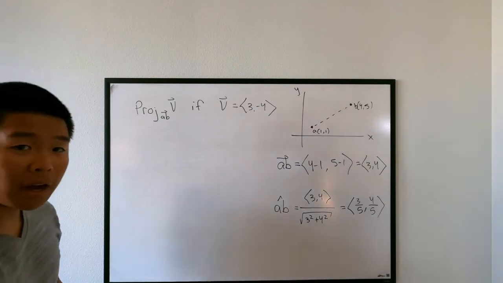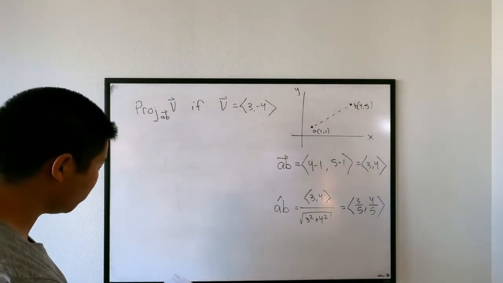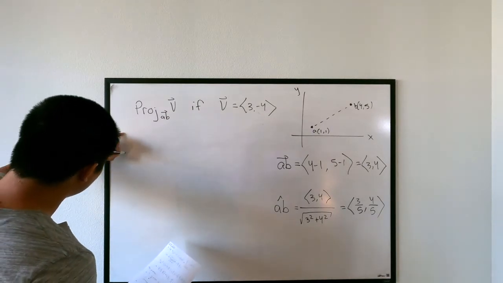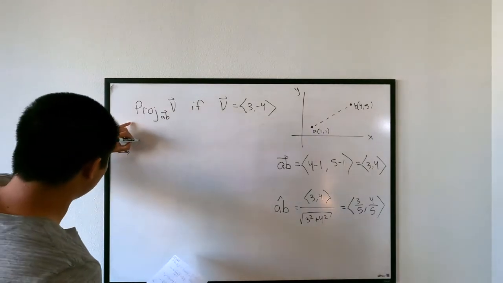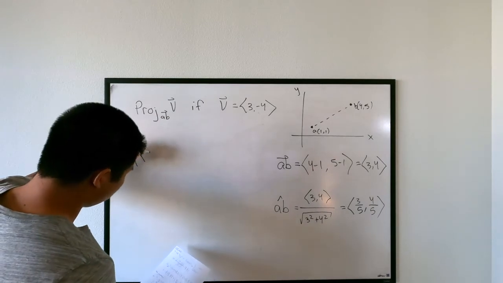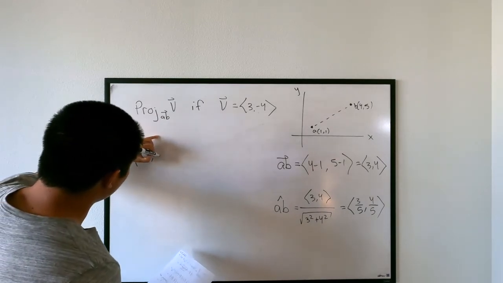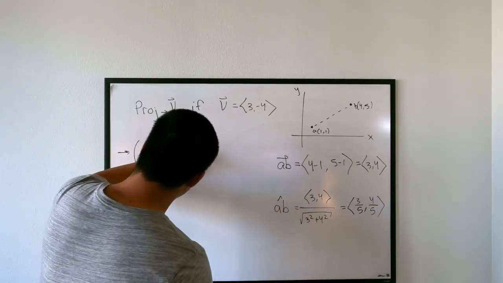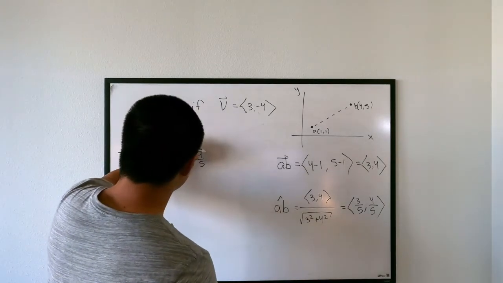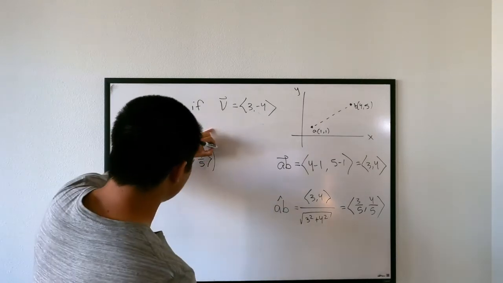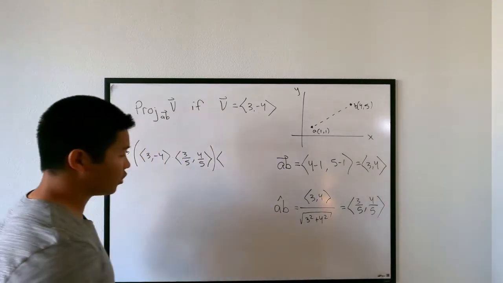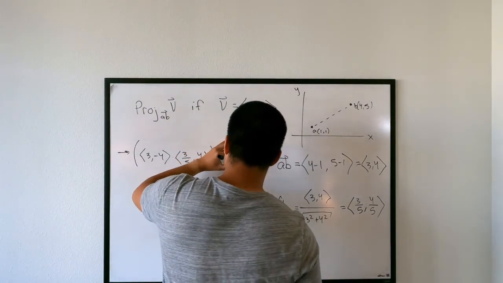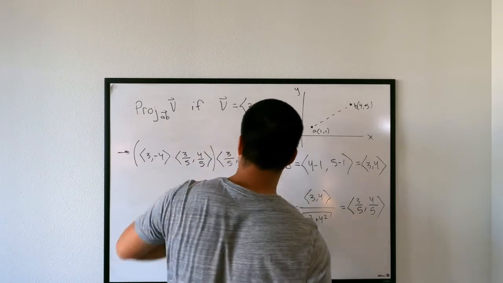Then we actually just follow the equation on the previous page, and we can say that the projection is then equal to (3, -4) dotted with (3/5, 4/5), and then all of that just being multiplied into or distributed into (3/5, 4/5).